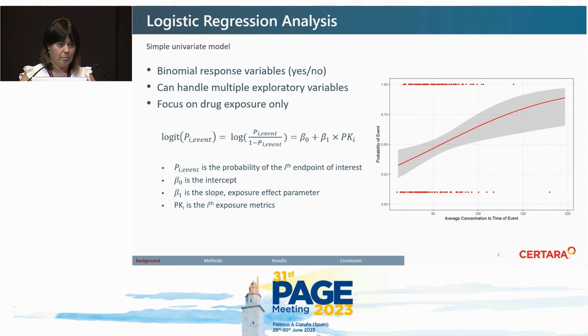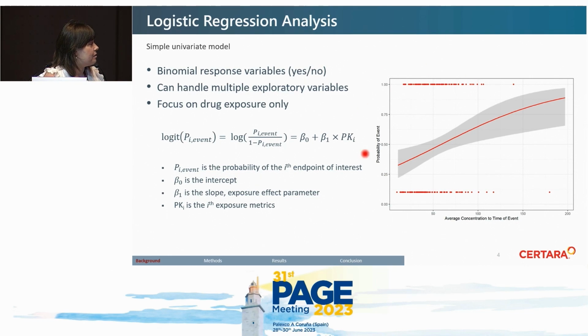So again, I'm probably not going into detail of the equations, that should be all very familiar. I'd like to highlight just the figure and a few things in that figure in more detail because I'm showing that a few more times throughout my talk. So we have here the probability of an event, and down at the bottom of the x-axis we have time average concentration. The dots at the top here are the time average concentration values for all subjects that had an event.